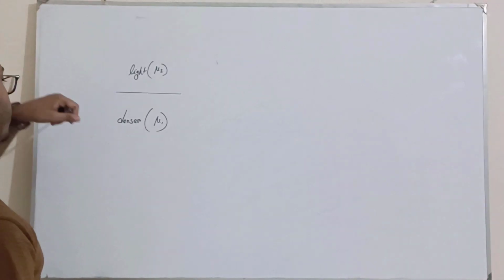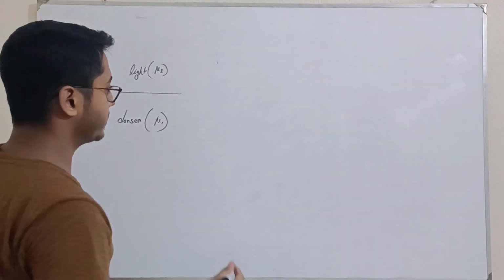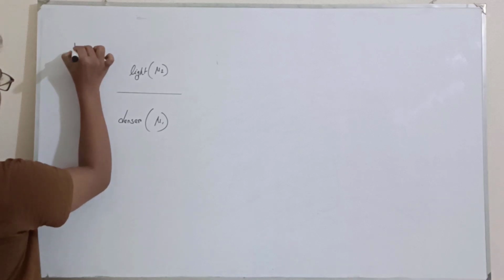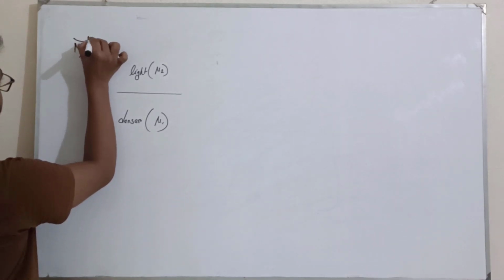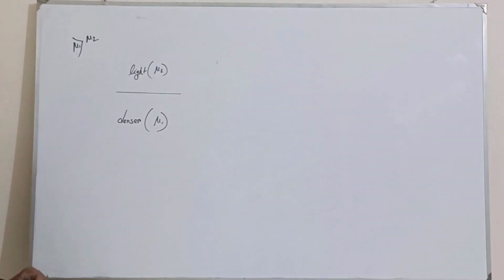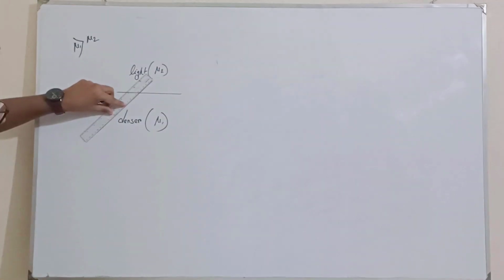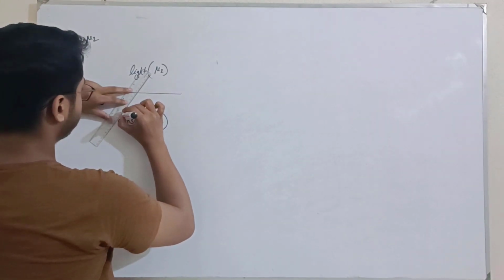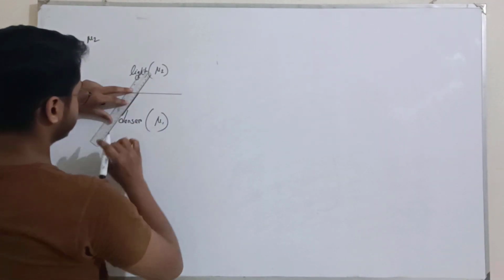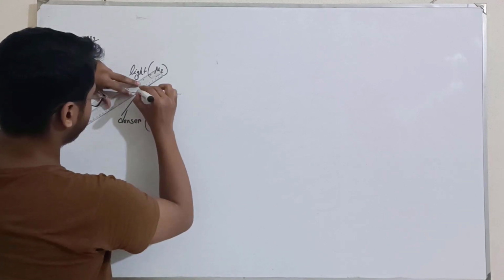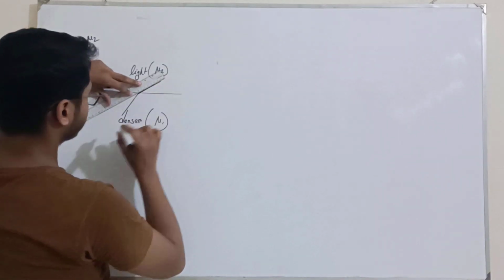Since it is the denser medium, its refractive index will be high, so nu1 will be greater than nu2. In that case, if light is incident on the surface, it will go away from the normal.